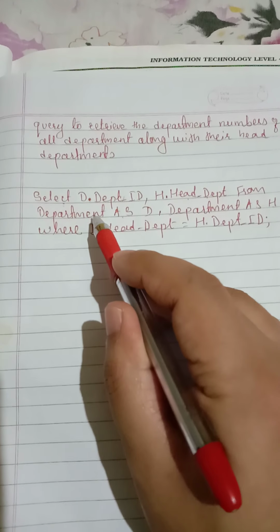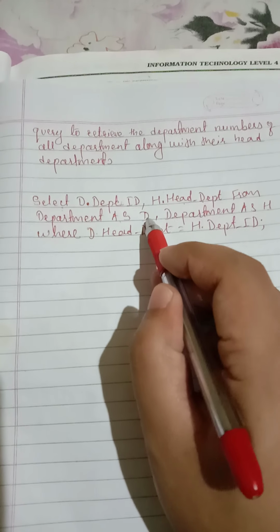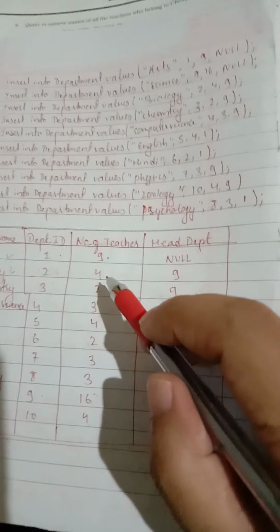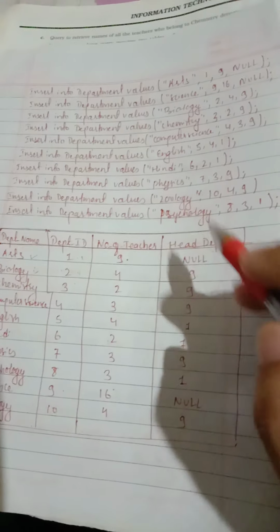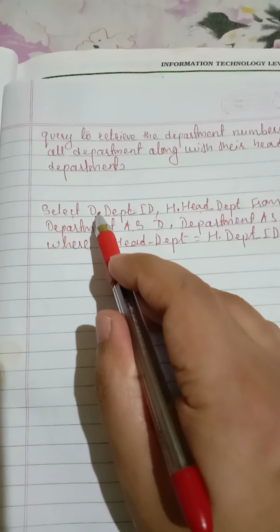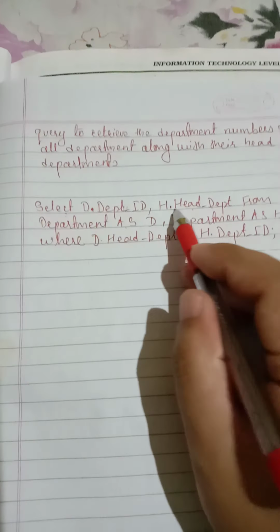I'm retrieving from the same department table. d means department id and s means head department. So I write in the column d dot and s dot.